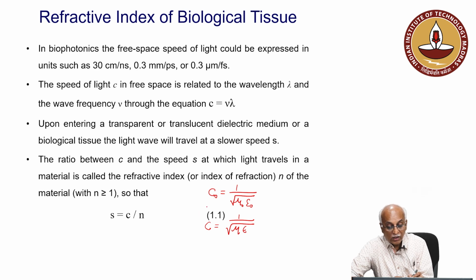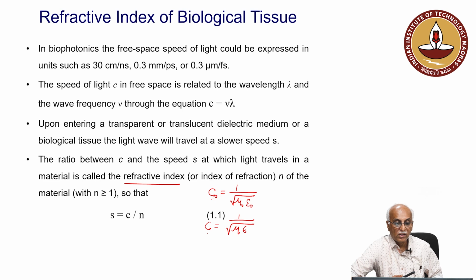And the ratio c0 divided by c is expressed by the term refractive index of the medium. So the refractive index of a material can be determined based on the speed of light in free space and the speed of light through that medium.